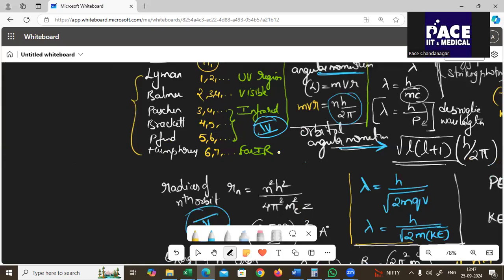Second, it is visible. Third onwards, it is infrared. Fourth onwards, 4, 5, 6, 7 and so on, it is infrared. Pfund, with the P silent, starts from n equal to 5 onwards, and Humphreys starts from 6 onwards. You should remember these numbers as well.